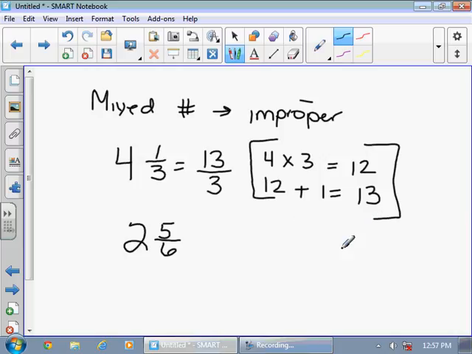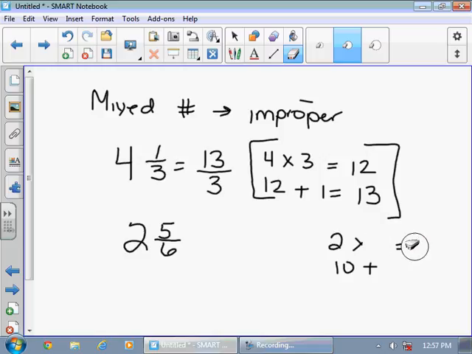So you're going to take your whole number, multiply it by the numerator, which is 5, and you get, now I'm going to take that product, which was 10, and add, I'm sorry, get back. It's 2 times 6.